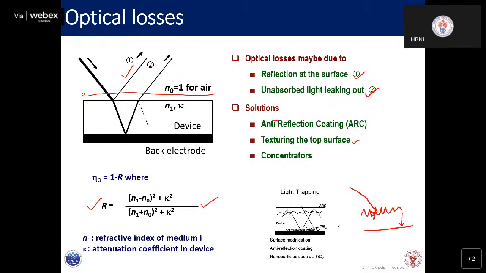So concentrators are such assemblies which guide a large amount of solar radiation into a small area. In that case, you can use a smaller solar cell for converting a large input radiation.